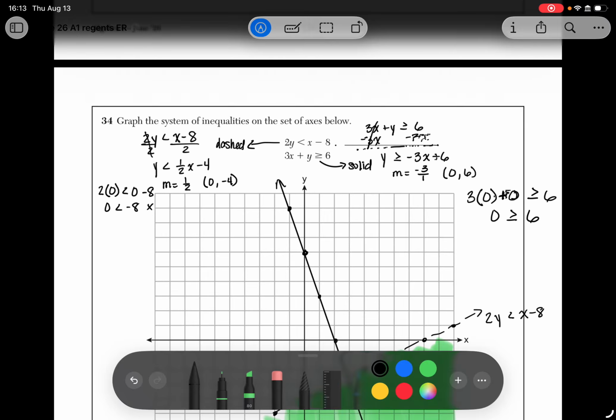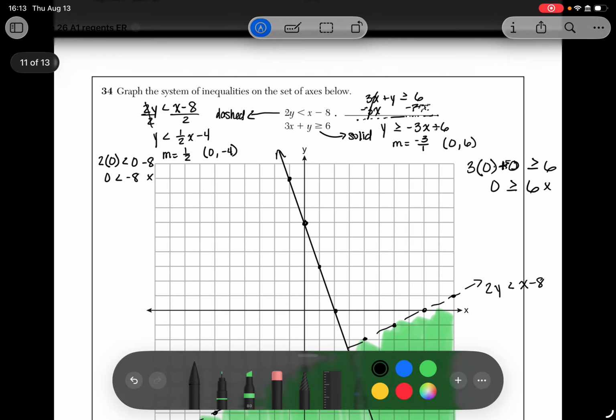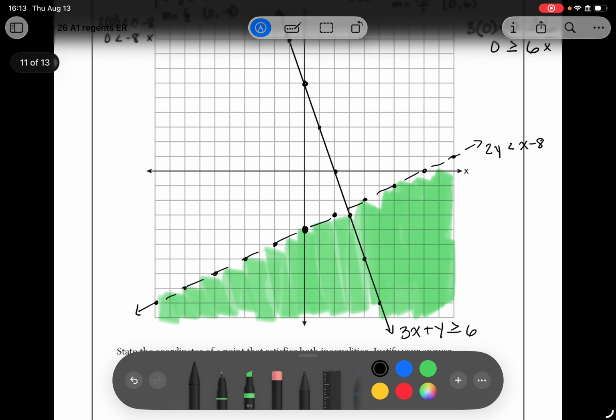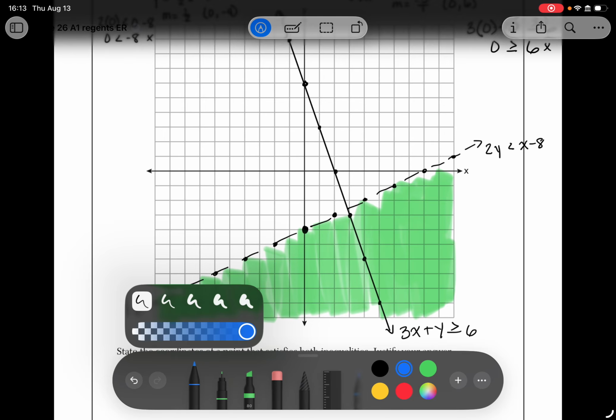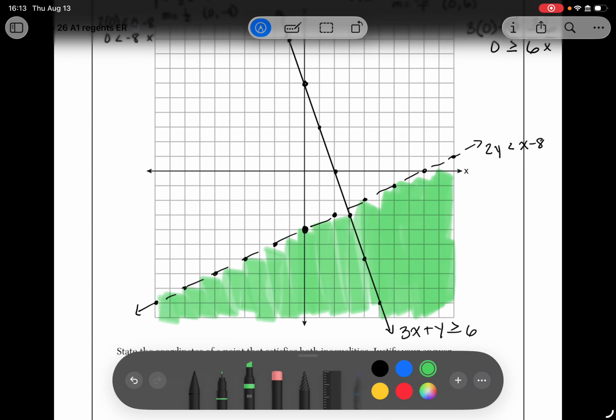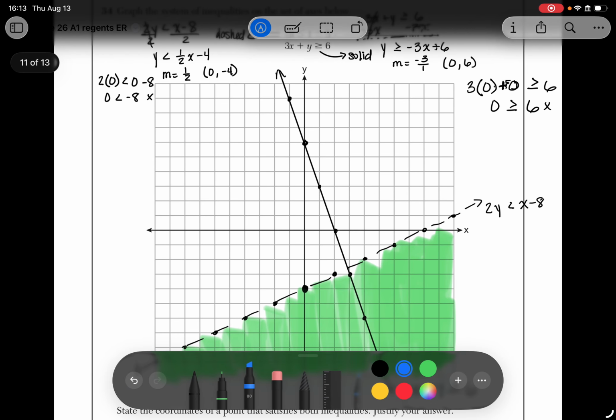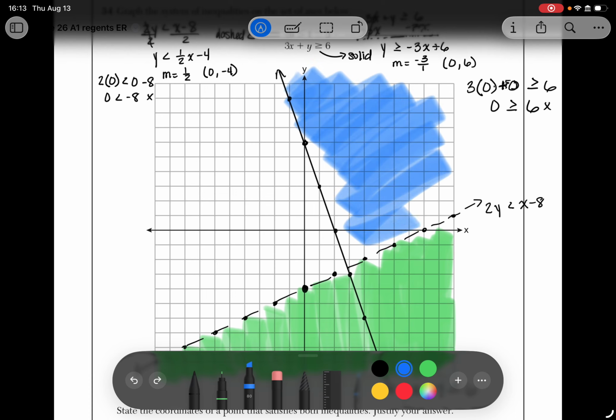And this also isn't true. 0 is not greater than 6. So if we're looking at our other line, we're going to shade in the part that does not have 0, 0. 0, 0 is right here. So we don't want to shade in that side. We're going to shade in the side that's technically above. So we're going to shade over here.